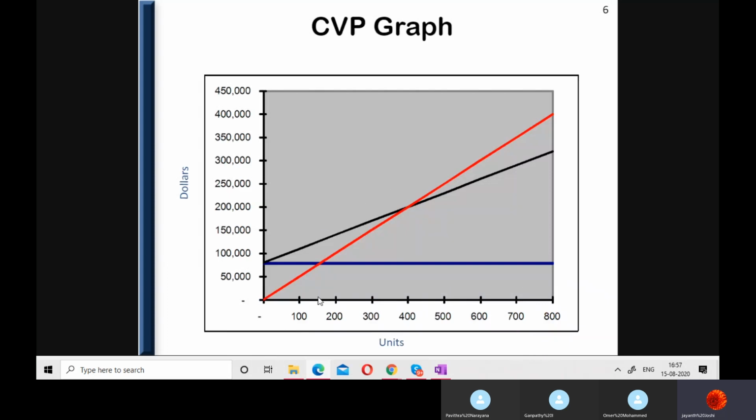These are the number of units and this is the dollars. So what is happening? Whatever units you produce, either 100, 200, 300, 400, 500, 600, 700, your fixed cost is always fixed and constant for any number of units.